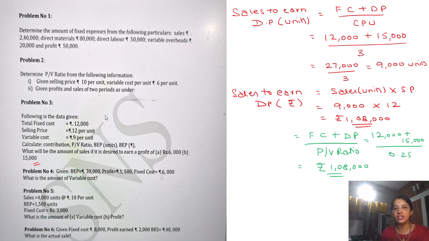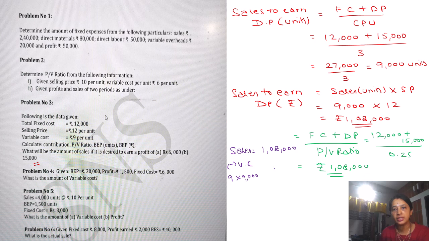So if you verify, we'll take sales. How much is the sales? 1,08,000, less variable cost. Variable cost per unit given in the question is 9 into how many units? 9,000.